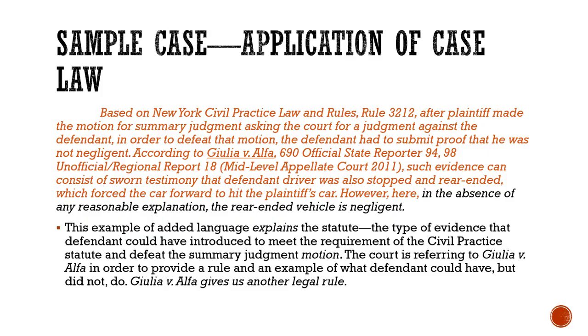So the court refers to that case, Guilia, to provide a rule and an example of what the defendant could have but did not do. So there's another legal rule. In reading the case law, you can see many, many rules that the court discusses and relies on. When you're researching a legal question, be sure to pay attention to which rules cited by the court are potentially relevant, and be sure to check them out.